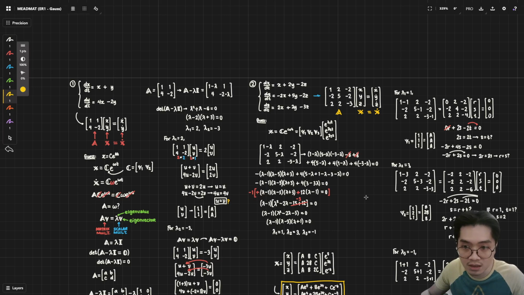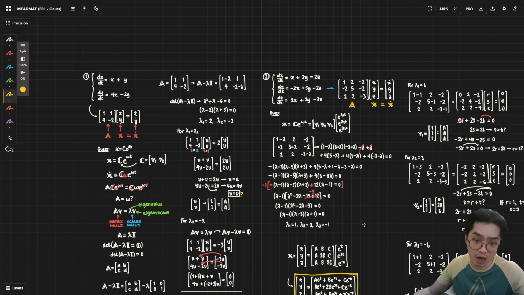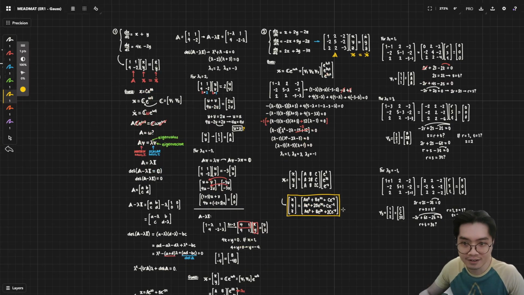Because trust me, the other kind of solution, the one by Laplace transform, is just as messy, if not messier. And if you try to do this by hand, good luck. I really don't know what to say.